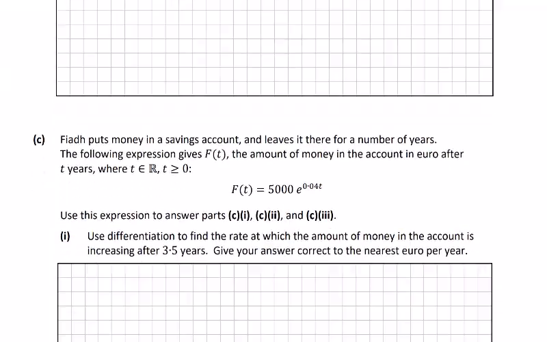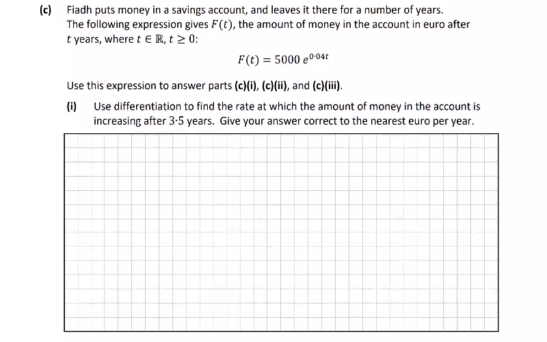The next part, they're putting their money into a savings account and they leave it there for a number of years, and we can see the function here is 5,000 e to the power of 0.04t. So we're asked to use the expression to answer the following three parts. So use differentiation to find the rate at which the money in the account is increasing after 3.5 years.